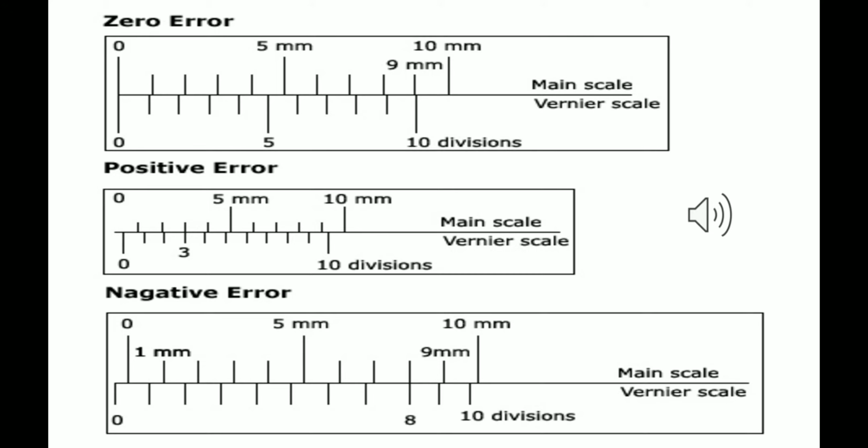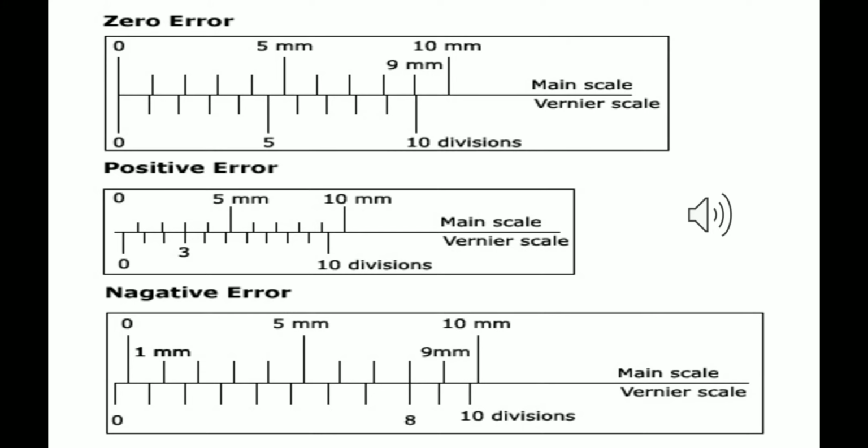So how to measure the zero error? In case of positive zero error, the 0 of the vernier will move ahead, and we see which vernier reading is coinciding. Suppose here I think the third reading is coinciding. So 3 into 0.01 will be the zero error with a positive sign. Please remember, signs are very important for zero error.